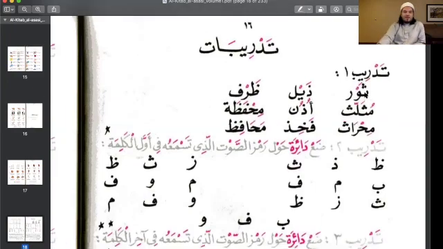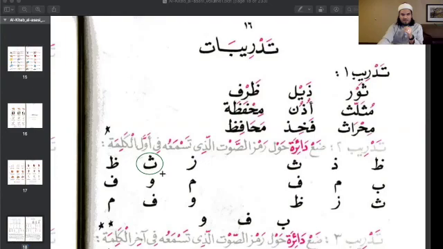So, Thawr. Which letter are we hearing at the beginning? Yes. This works better on a whiteboard, but we gotta make it work. Okay. That. All right. Veil.